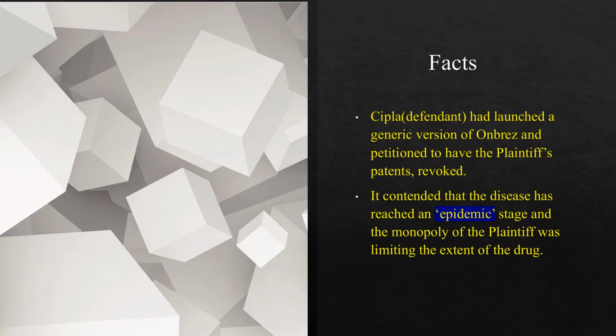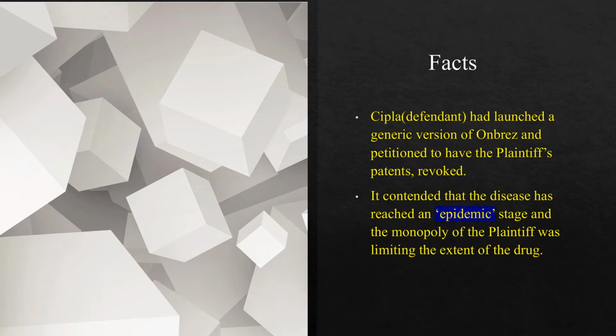Facts continued. Cipla, the defendant, had launched a generic version of Onbridge and petitioned to have the plaintiff's patents revoked. It contended that the disease has reached an epidemic stage and the monopoly of the plaintiff was limiting the extent of the drug. Here Cipla is the defendant and Novartis is the plaintiff.